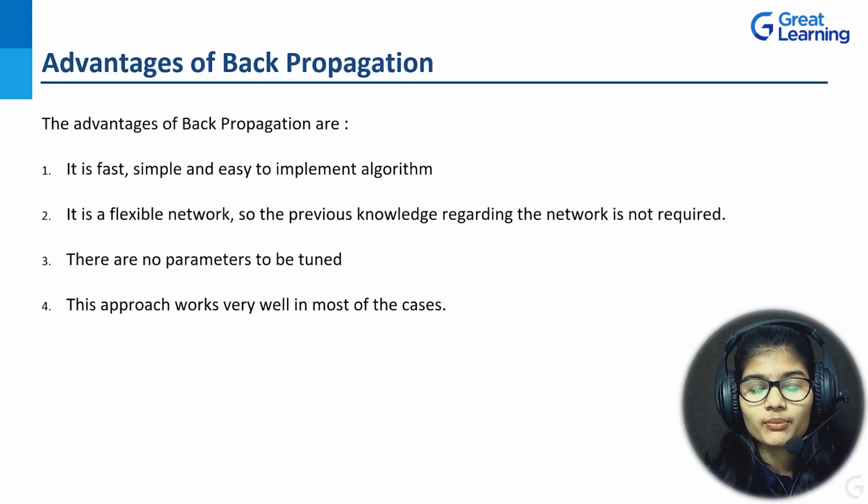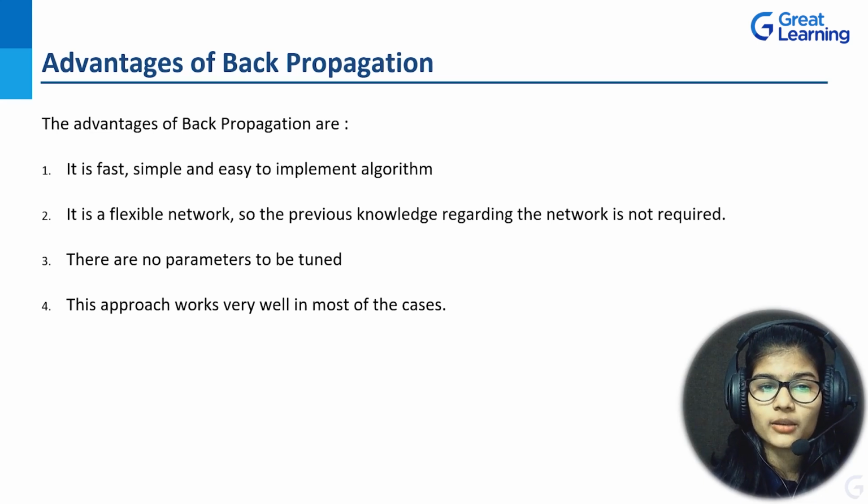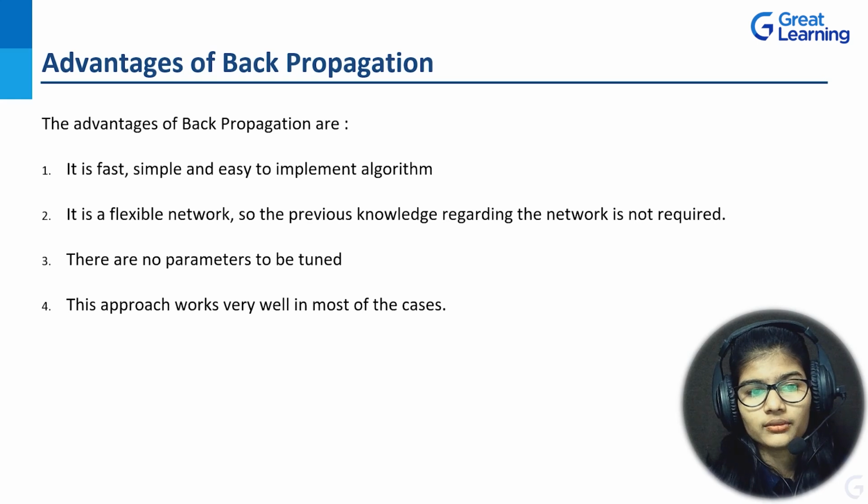It means that whatever previous knowledge we had regarding that particular network is now not at all required. So it's a sort of flexible network, and that's the reason we say so. It simply works on whatever inputs are given to it, right?